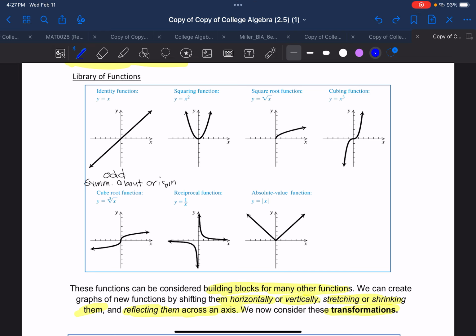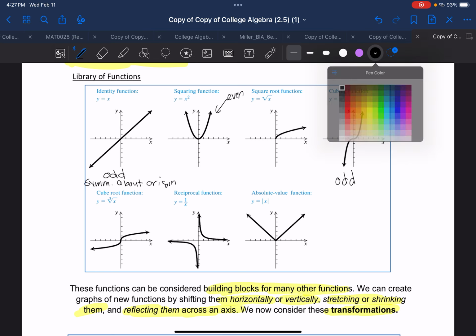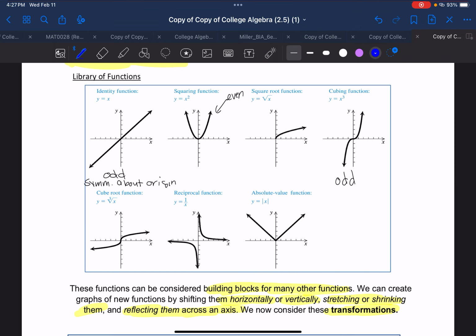The next one has symmetry about the y-axis, so this one is even. The square root function is neither. It's neither even nor odd. It doesn't have any symmetry. The cubing function is odd. It is symmetric about the origin. If I pick a point here and reflect it over, then it would end up right here.